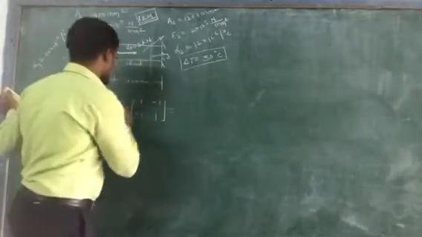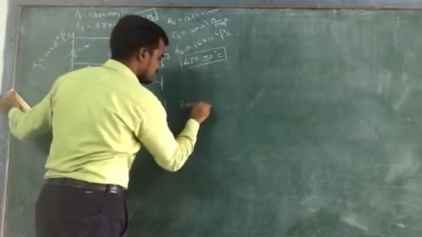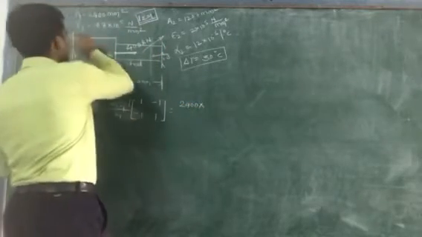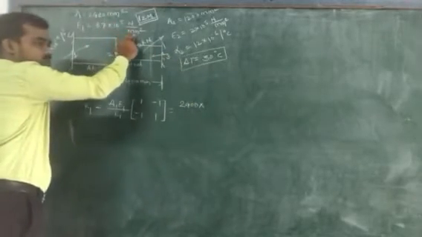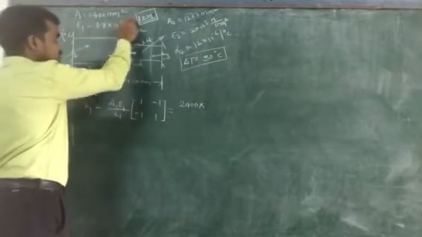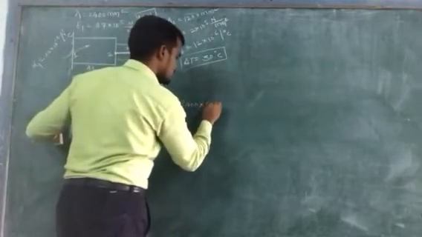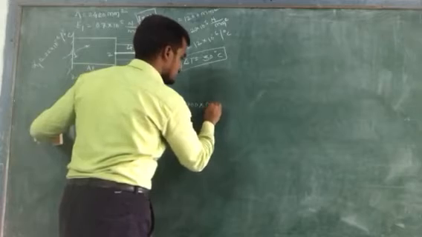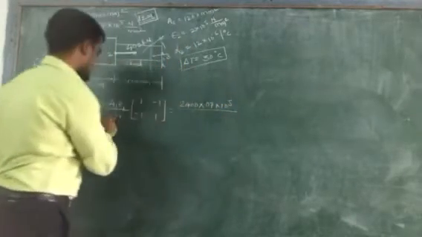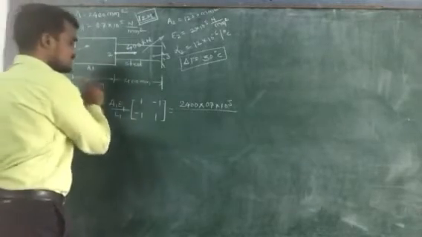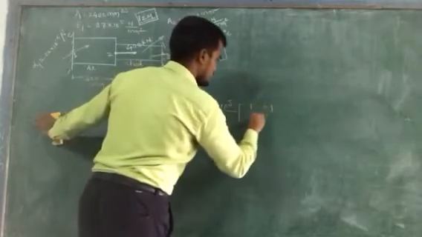Put the values: A1 is equal to 2400 mm², E1 is equal to 0.7 into 10 to the power 5 Newton per mm², divided by L1, which is 300, times [1 -1; -1 1].